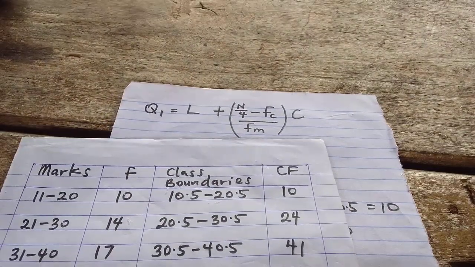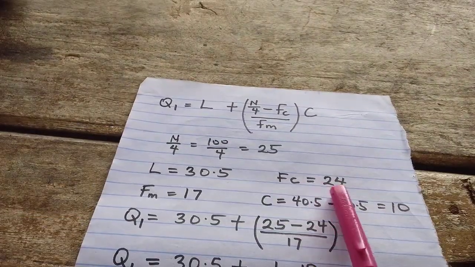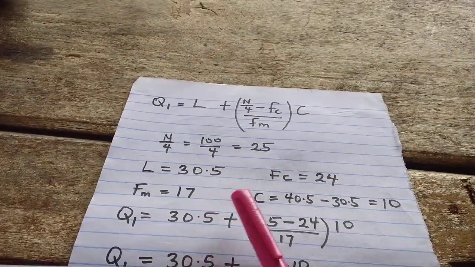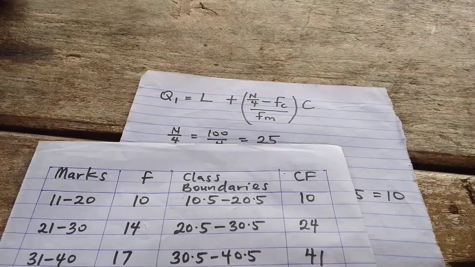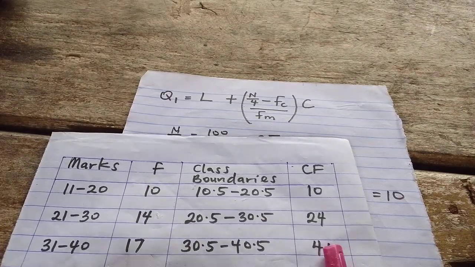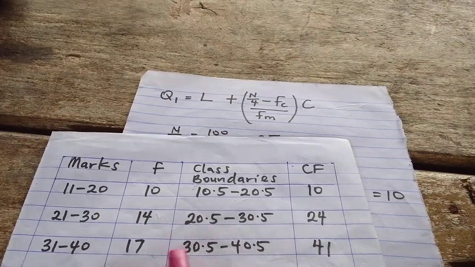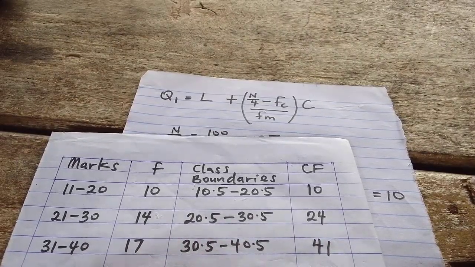The cumulative frequency before this 45 is 24, so our FC is 24. FM is the frequency of the first quarter. This is the class of the first quarter, and the frequency here is 17.